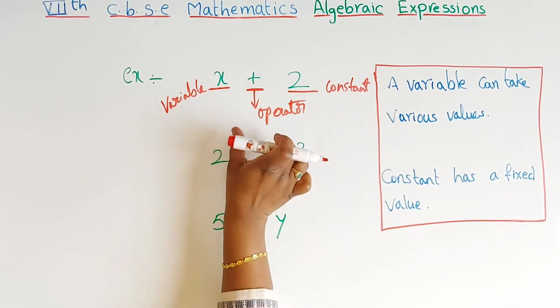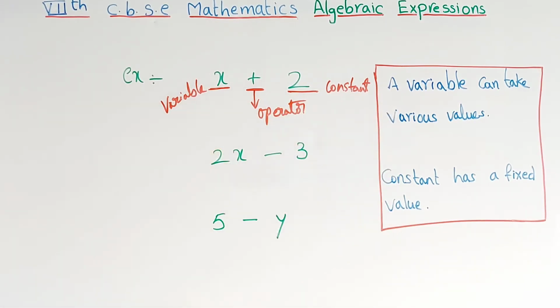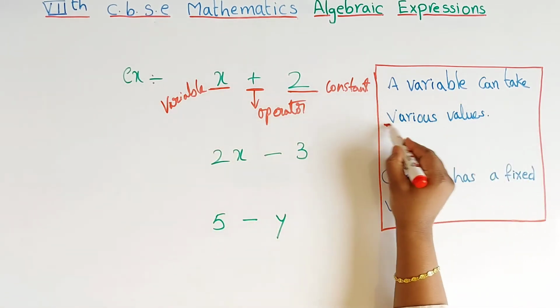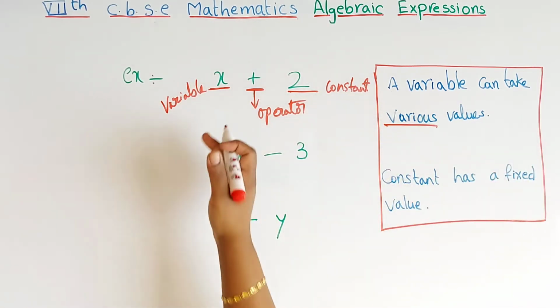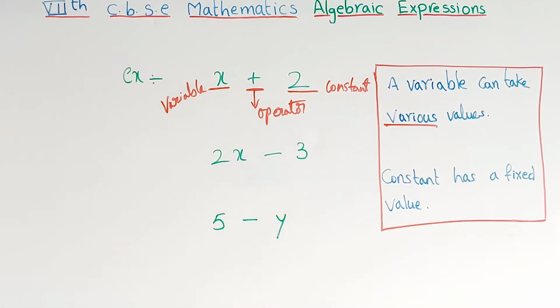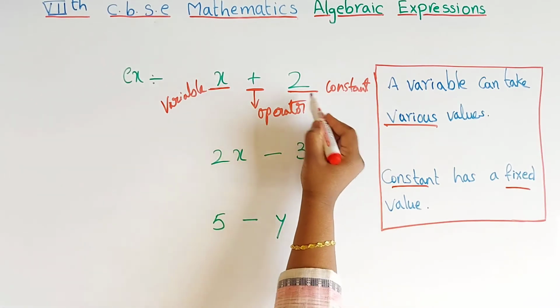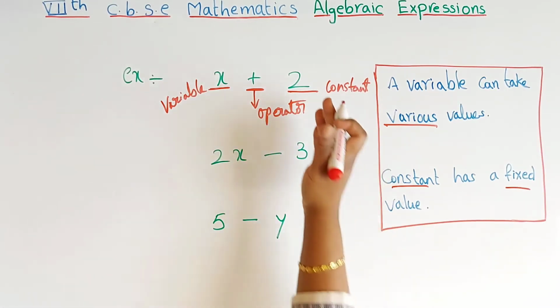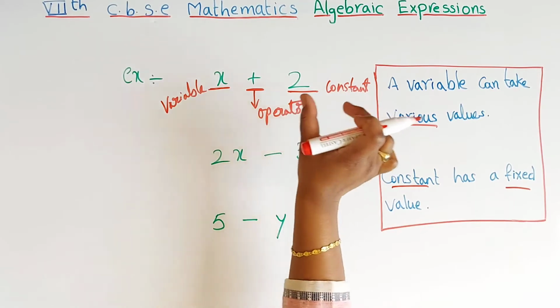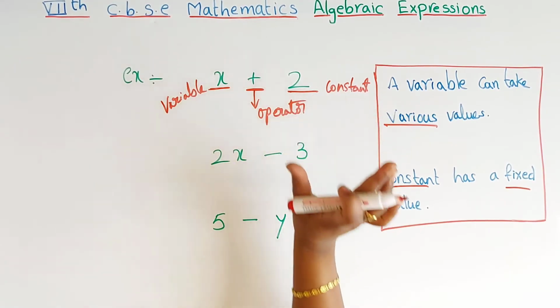Here we are using arithmetic operation addition. Variable can take various values. That's why we denote with alphabets X, Y, Z, so on. Constant has a fixed value. See, 2 is a constant here. I cannot say this is 3 or 4, right? It is a 2. It has a fixed value.